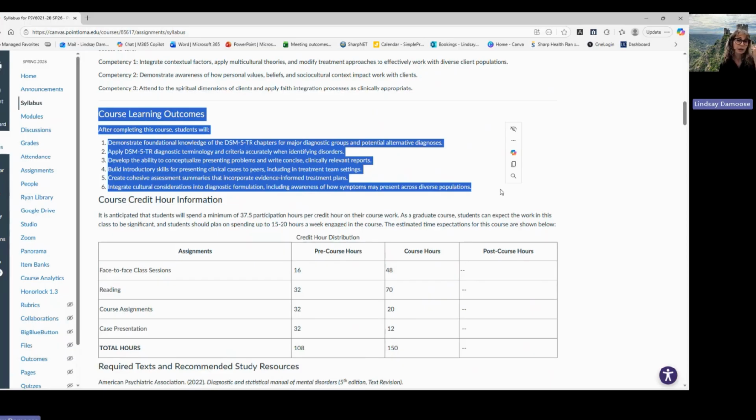So I really want all of my students to leave the semester with familiarity and fluidity as far as diagnostic terminology, and the symptoms that go under key diagnoses that we study.